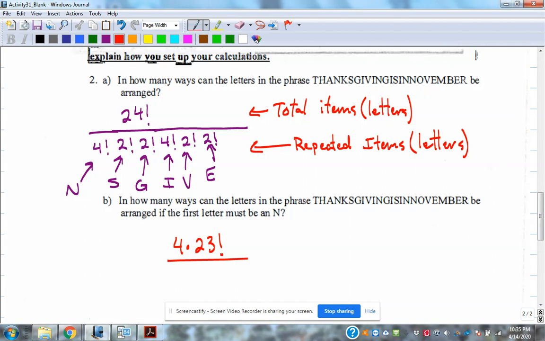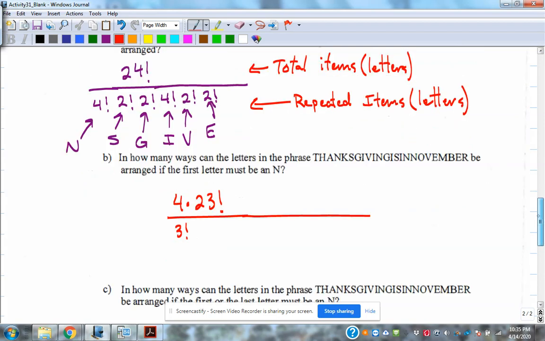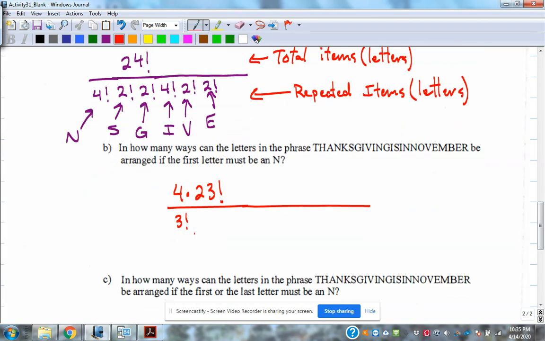Now the bottom part is your repeated pieces. So your 3 factorial here, what does that represent? That's representing the other 3 N's that are in that arrangement. So these are the remaining N's.